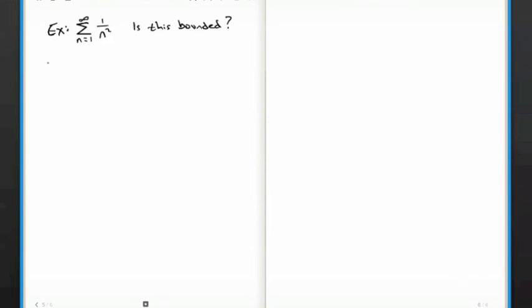I could say that a sub 1 equals 1 over 1, a sub 2 equals 1 over 4, a sub 3 equals 1 over 9. They're definitely decreasing, but is the sum, or is the sequence of partial sums bounded?